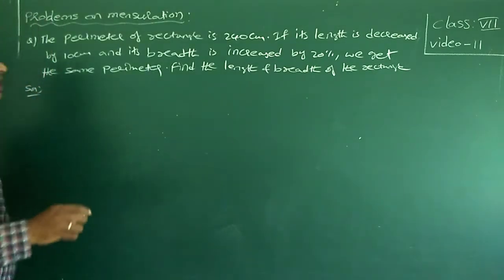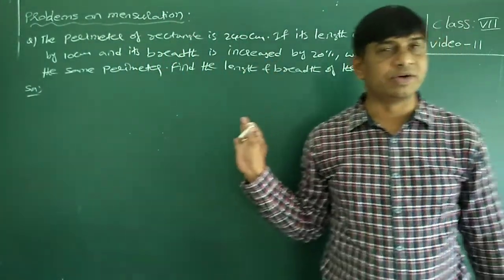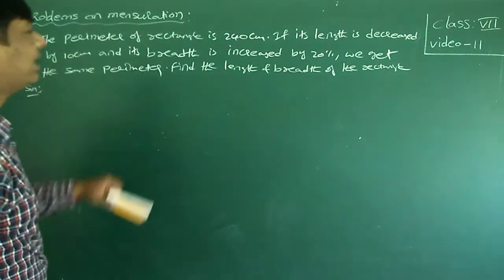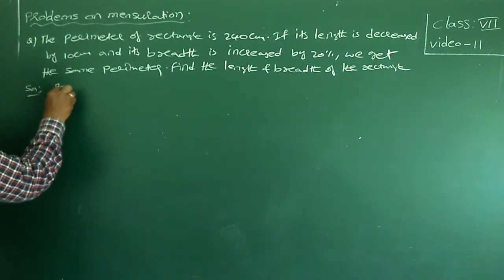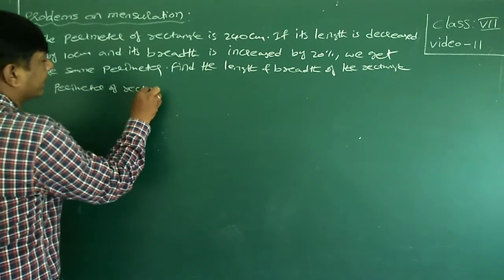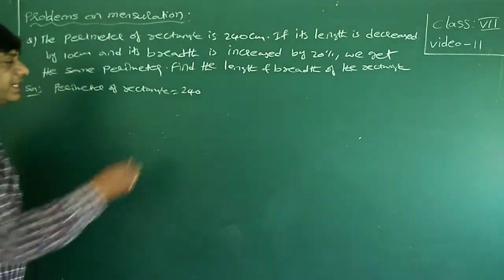Listen carefully, sir. Little confusing problem. If you listen carefully, then only you will be able to complete the solution. Okay. Now the perimeter of the rectangle is equal to 240 centimeters.